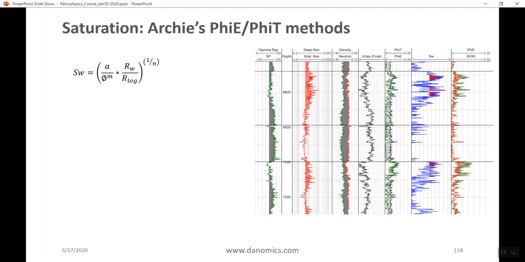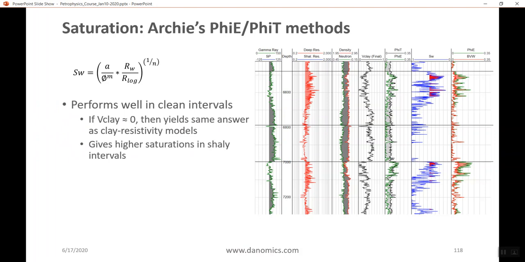The porosity can either be the effective or the total porosity. m is the cementation exponent. And then that's multiplied by the water resistivity divided by the deep resistivity from the well log. And that's to the 1 over n, where n is defined as the saturation exponent.